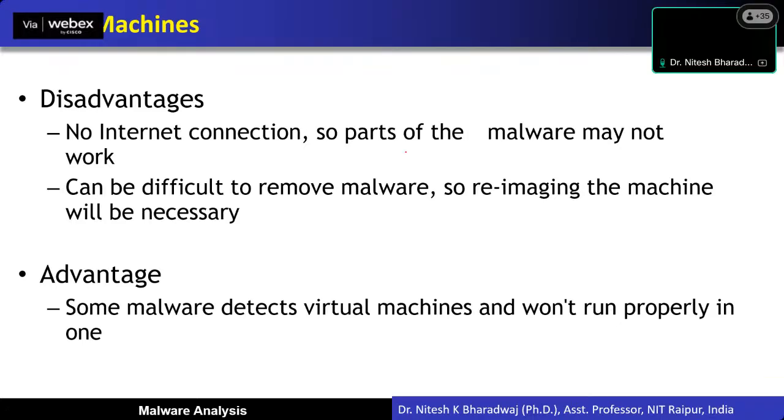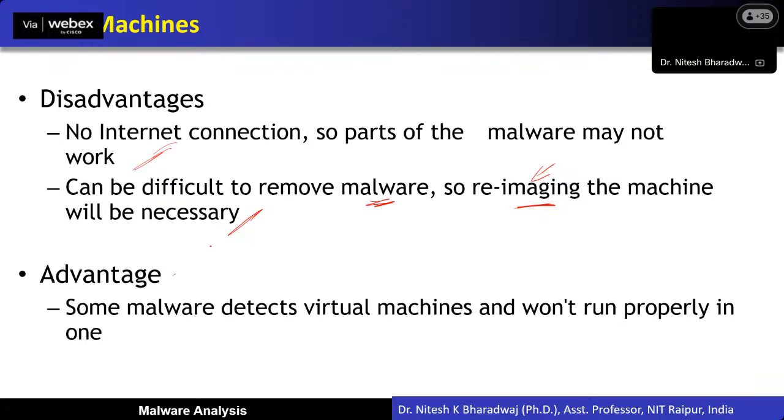No internet connection, so part of the malware may not work, not all. Full features you may or may not see. It can be difficult to remove malware, so reimaging the machine will be necessary. Imaging here is again a forensic image, creating a bit by bit copy of your drive.